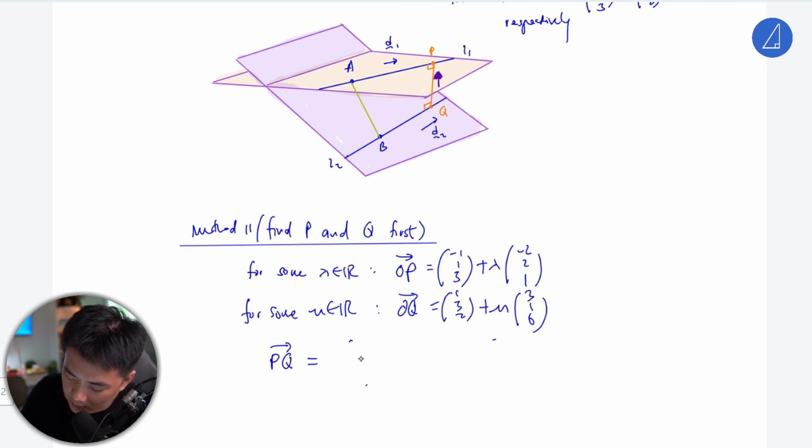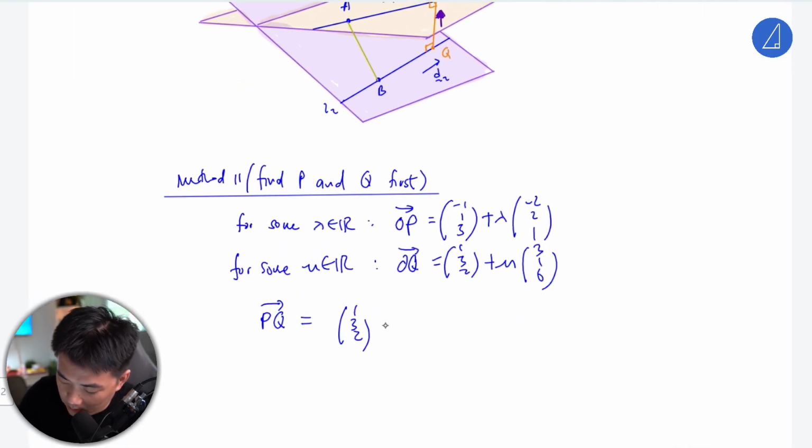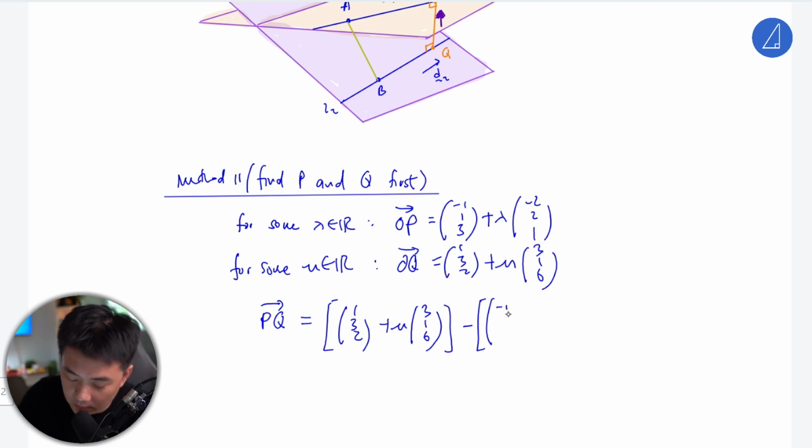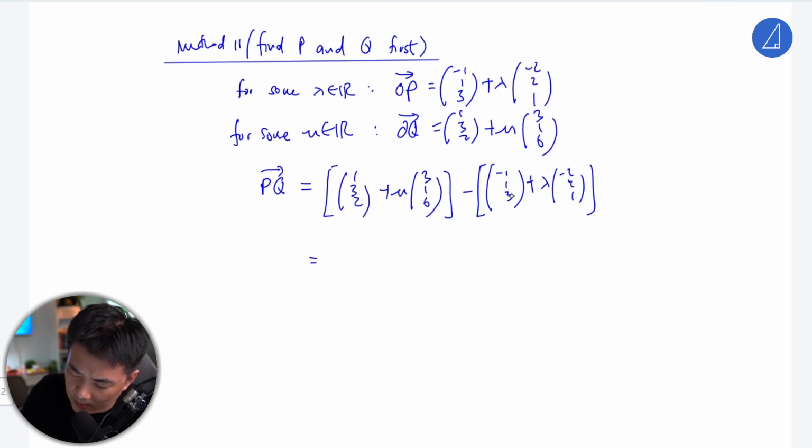Technically correct is better. So here we have plus mu 3, 1, 6 minus minus 1, 1, 3. Just minus both of them. So this minus this will be 2, minus 1, then that will be lambda minus 2, 2, 1.